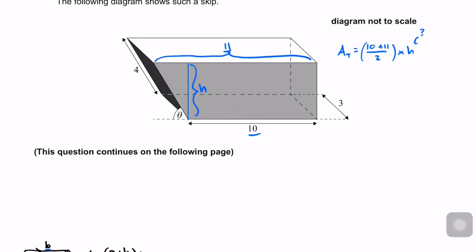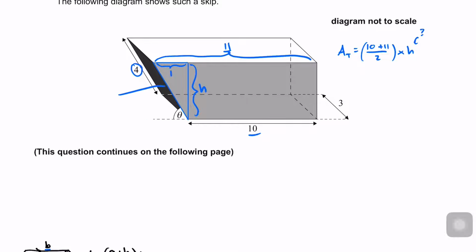We know that this right here is 10, this right here is 11, so this right here is going to be the difference, and it is going to be equal to 1. And we also know that this sloping edge is 4, so this right here is going to be 4 as well.